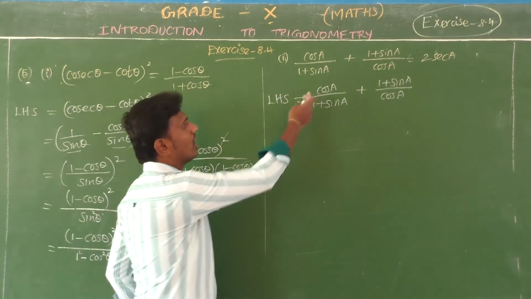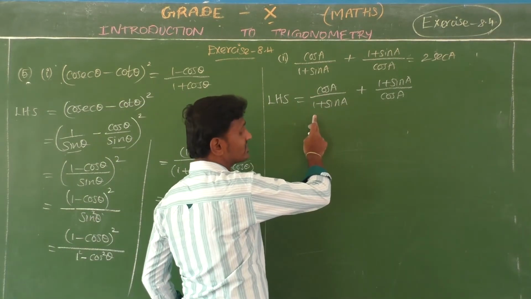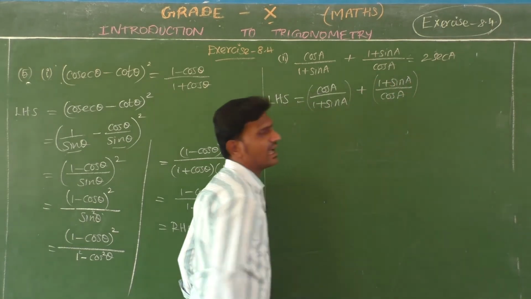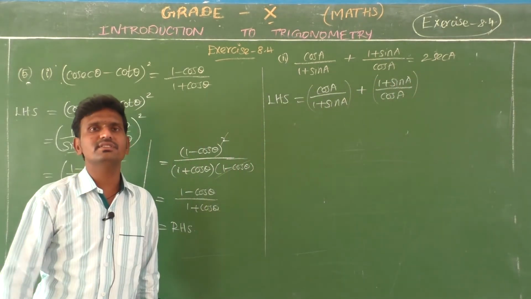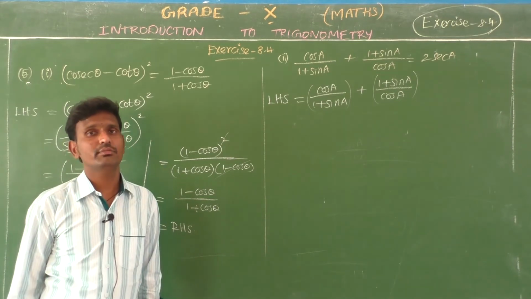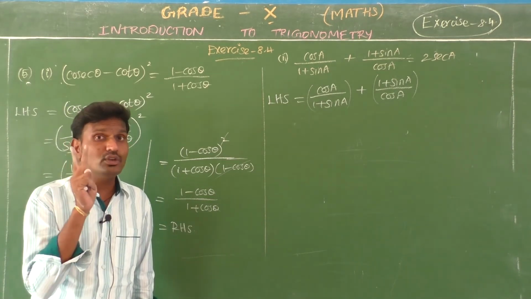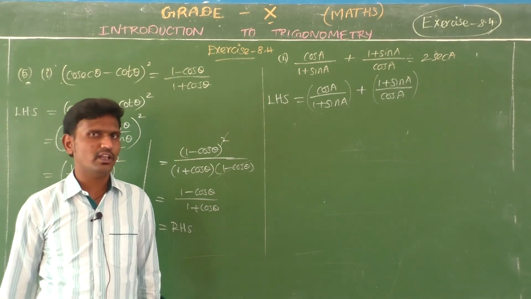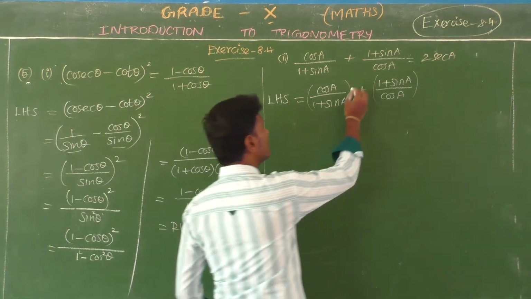It is a very simple step to take a cross multiplication, because you have two terms, and both terms are fractions. So simply cross multiply, that's all.